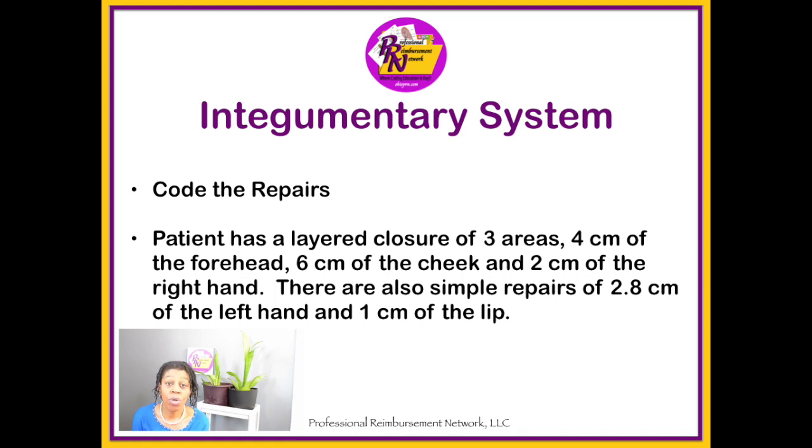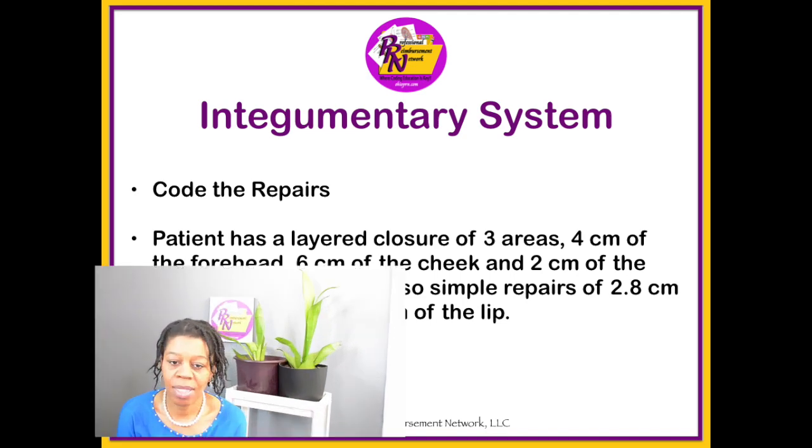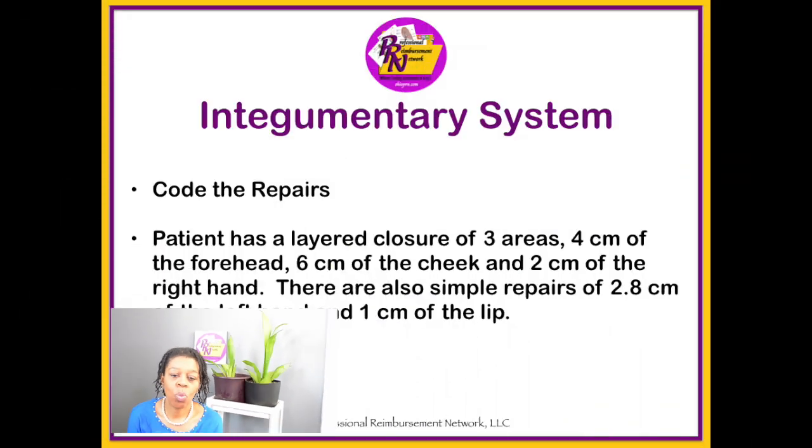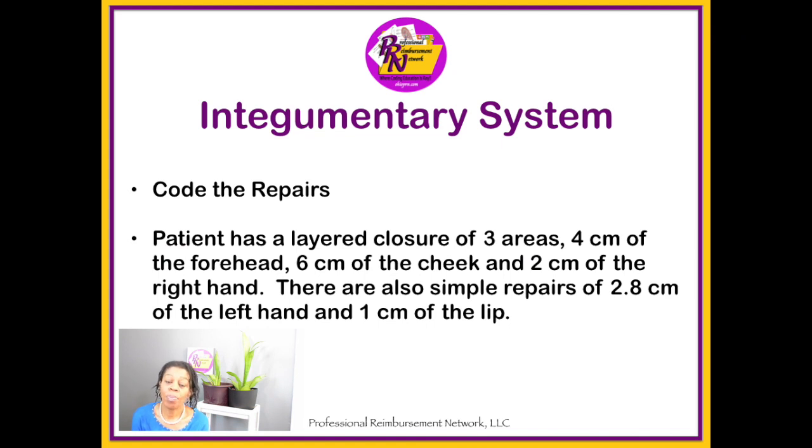They are 12031, 12041, and 12051. 12031 states repair intermediate wounds of the scalp, axilla, trunk, and/or extremities, excluding hands and feet. 12041 is repair intermediate wounds of the neck, hands, feet, and/or external genitalia. And 12051 repair intermediate wounds of the face, ears, eyelids, nose, lips, and/or mucous membranes.